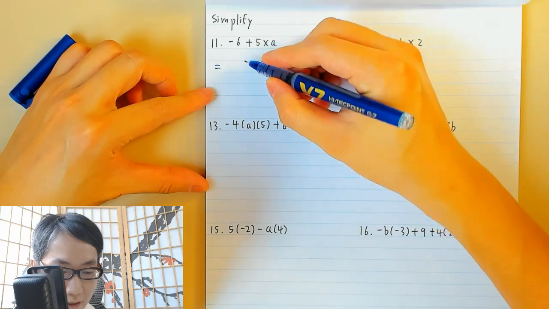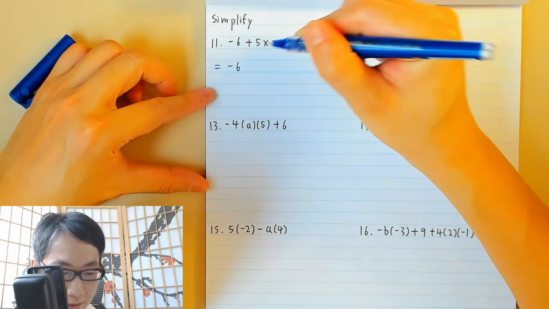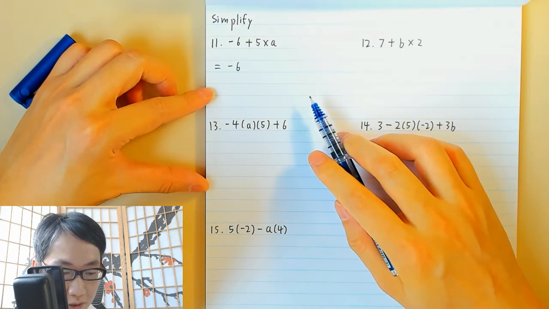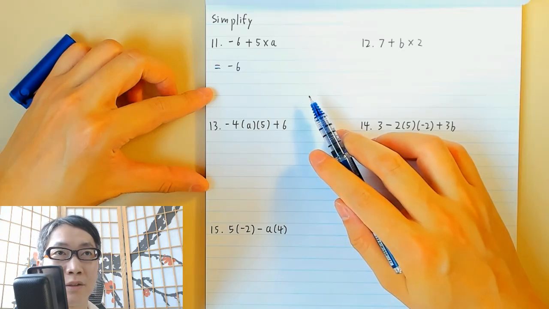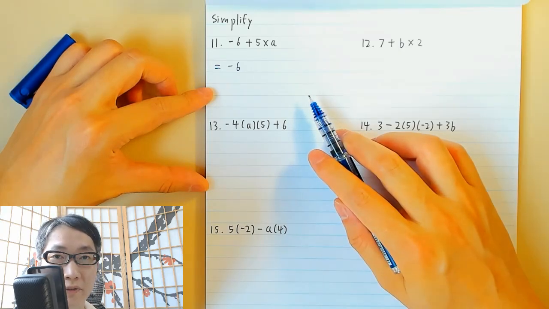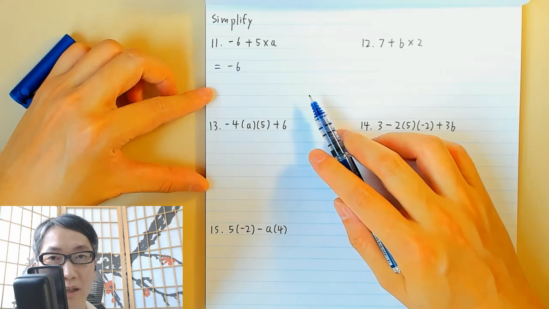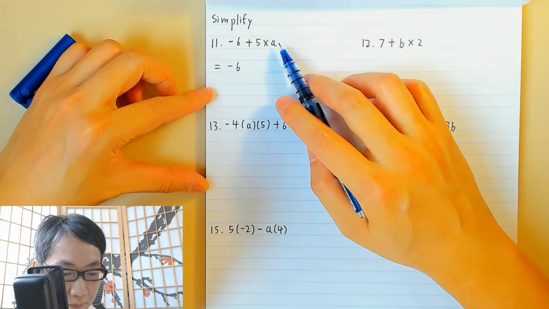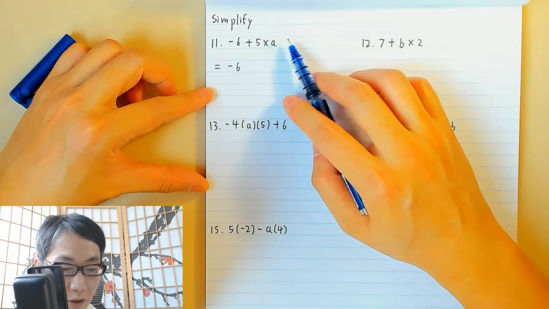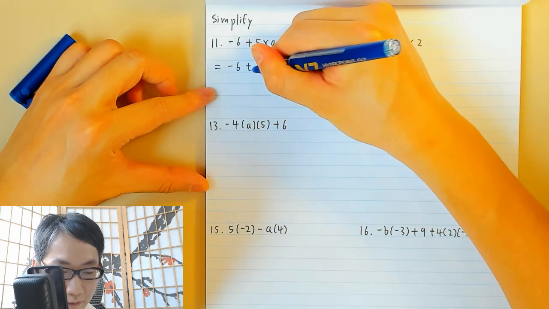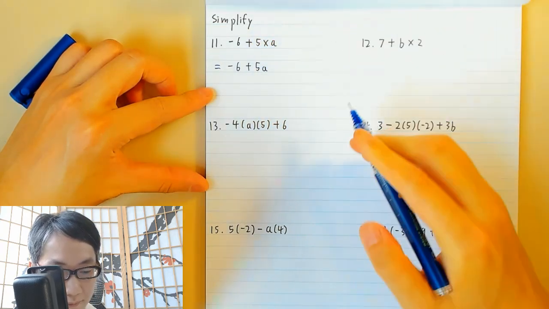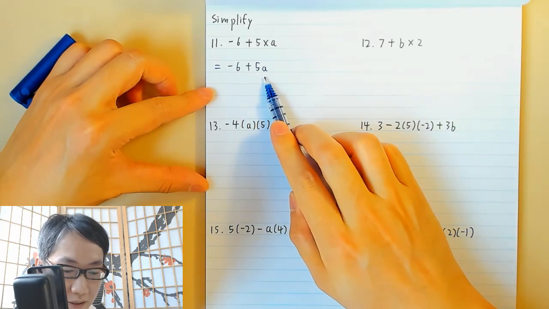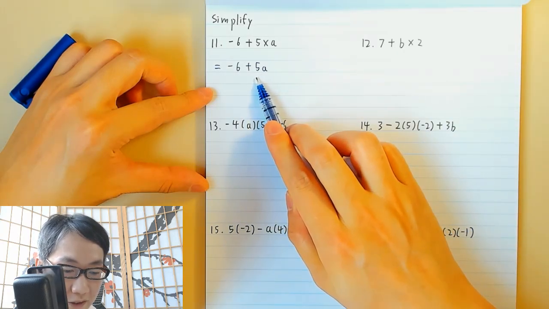So number 11, first term negative 6. Second term positive 5 times a. So we have positive 5 executed by a amount of times. Or you can look at this as, okay, we have 5 of a. So we have 5a. 5a means 5 is multiplied by a.